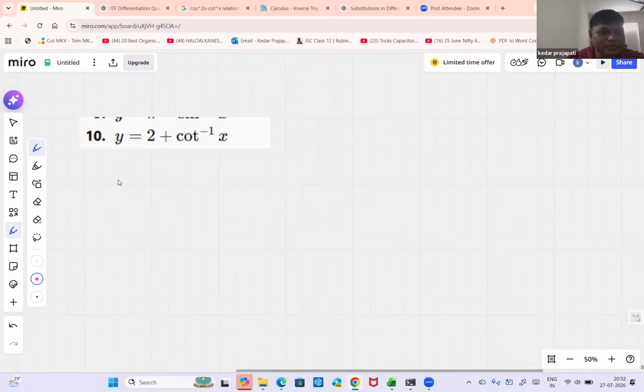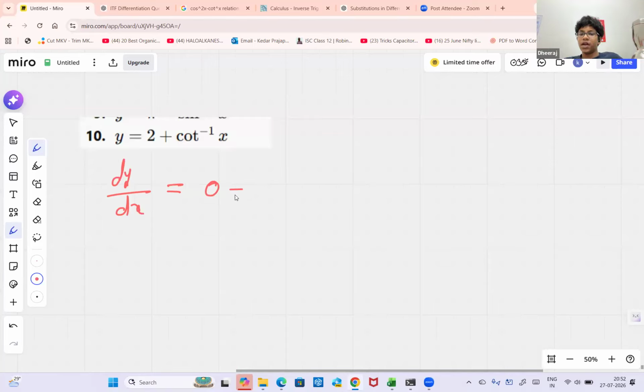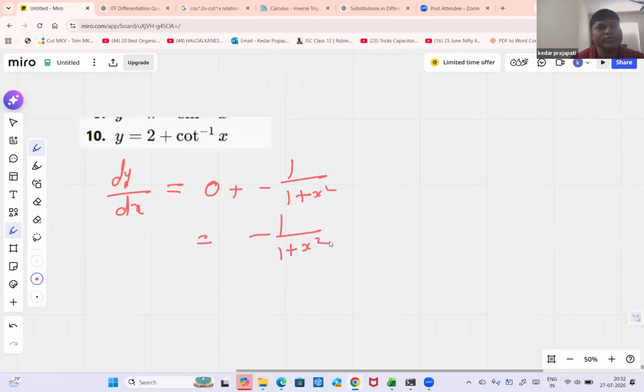Dy by dx is equal to 0 plus minus 1 by 1 plus x square. Yes. So answer is minus 1 by 1 plus x square. Right?